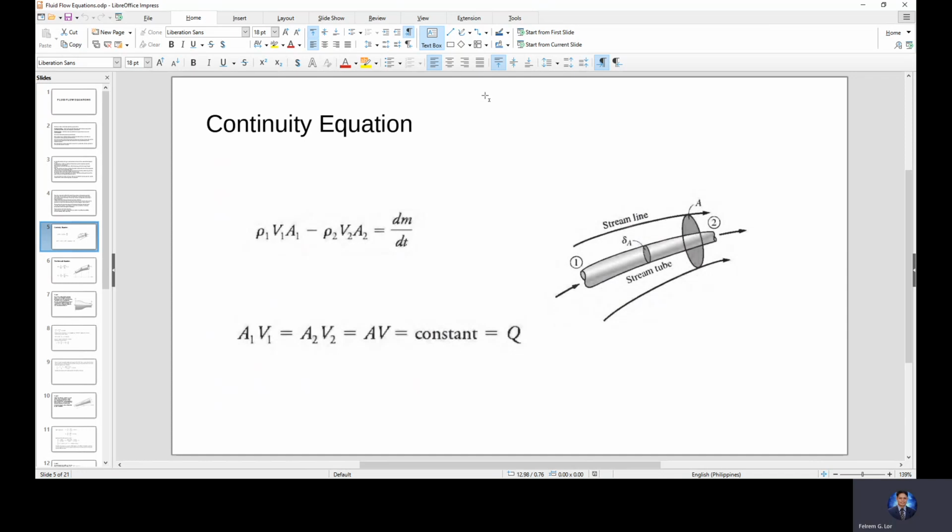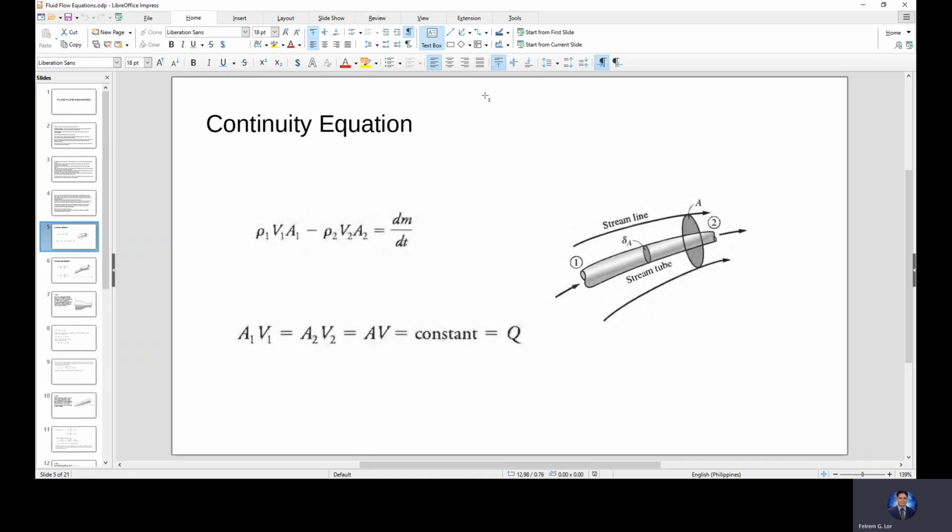So A times V. If Q is constant, we can say that Q at point 1 is equal to Q at point 2. So A1 V1 is equal to A2 V2. Okay, so that's the basic equation for continuity.